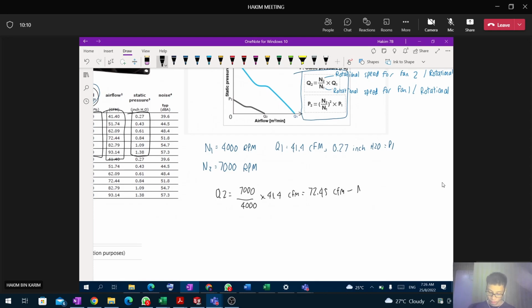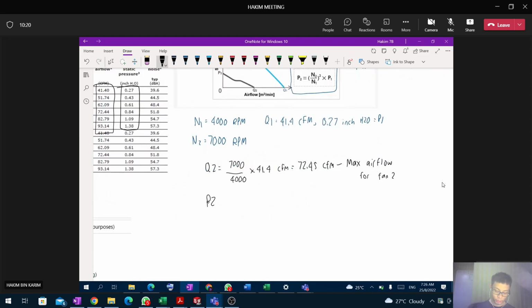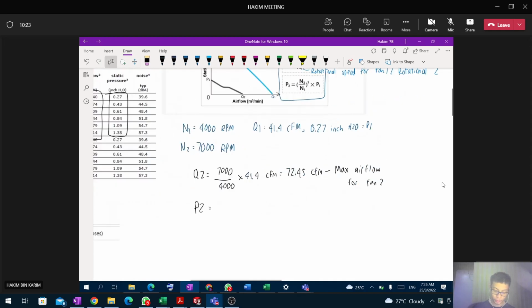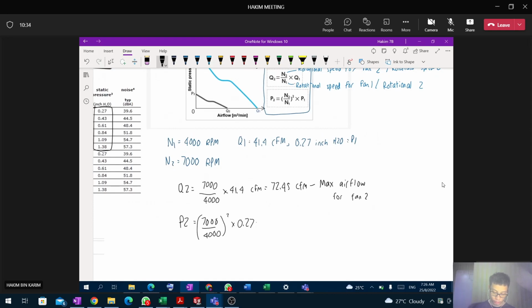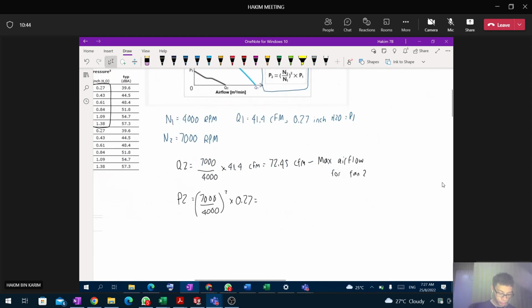This is the maximum airflow for fan 2. And how about P2? P2 is proportional to the square of the rotational speed. 7000 over 4000 squared, times the static pressure, 0.27. And we have 0.827.